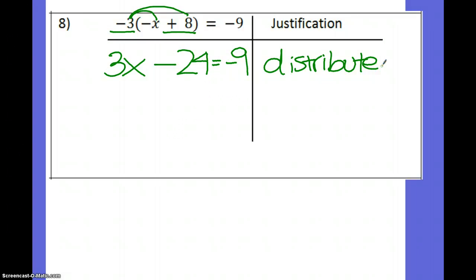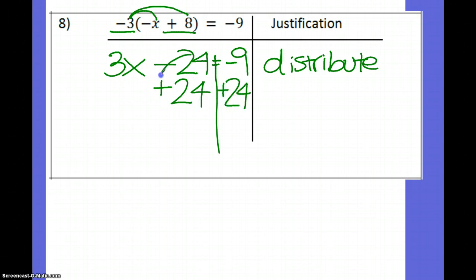You just did it to one side. Next step, you want to get x by itself, so we either move 24 or 3, and to get 0, we add the 24. So here we've got the add property of equality because we added it to both sides, keeping it equal.